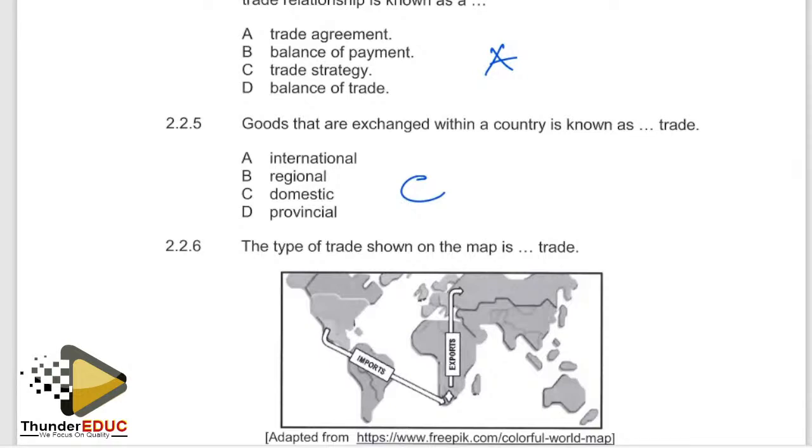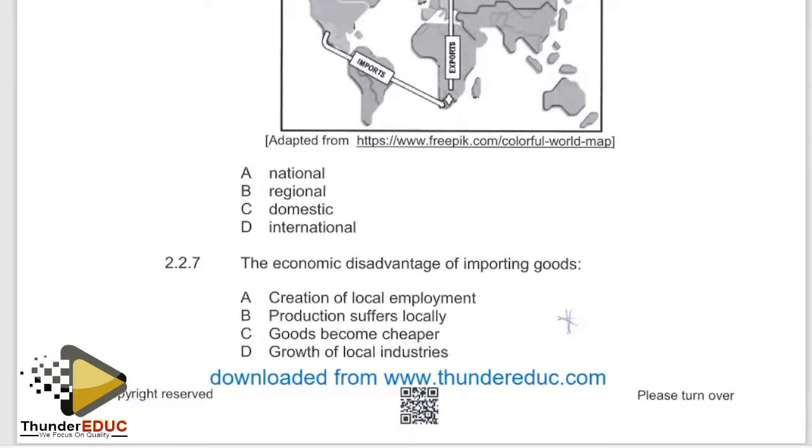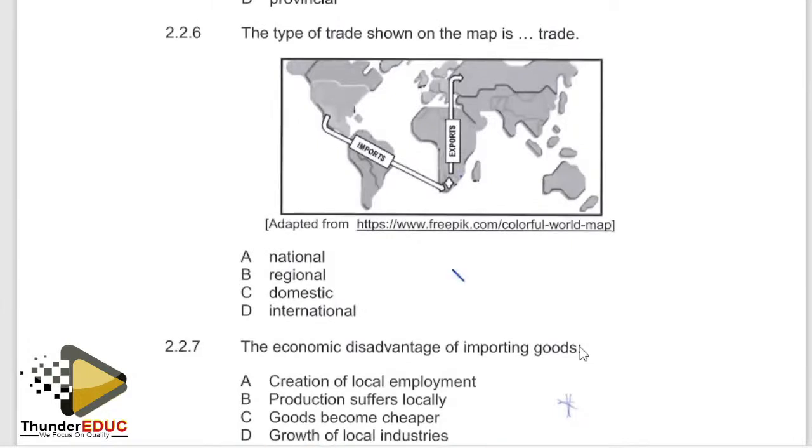All right. And the type of trade shown on the map. You can see this is a continent, this is a continent, it's another continent. So it becomes international trade.